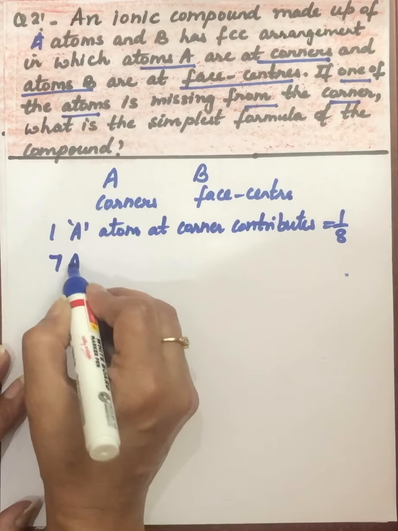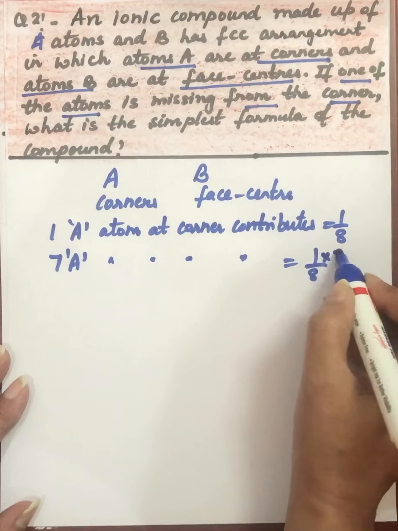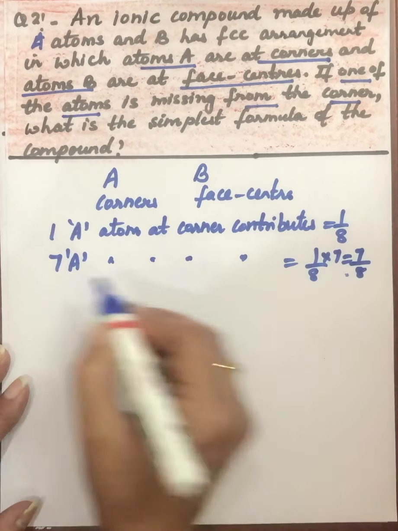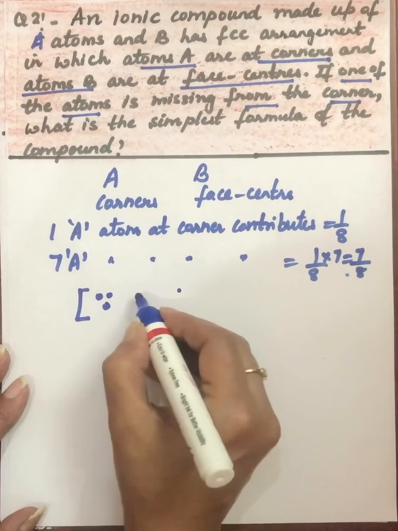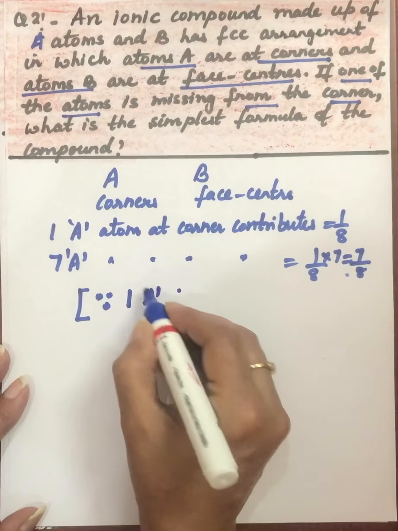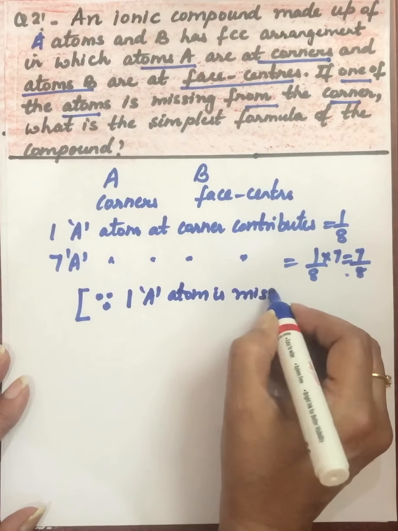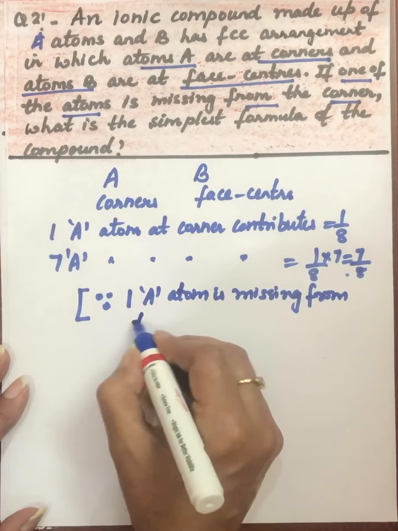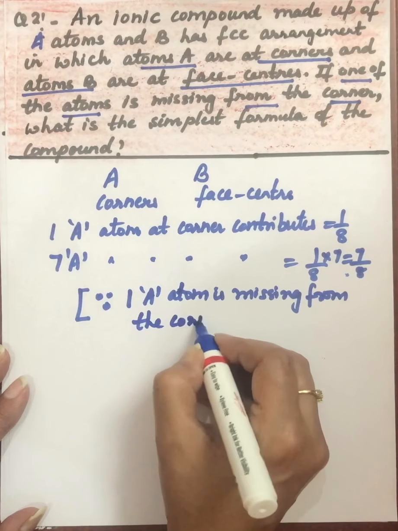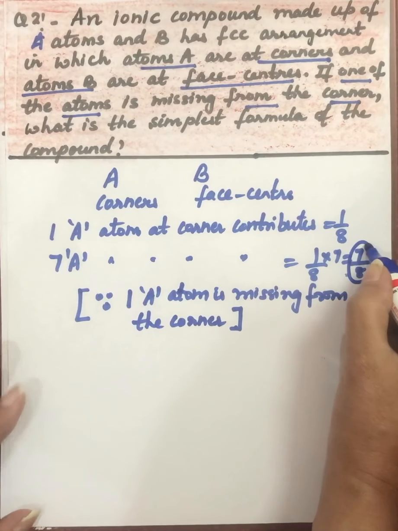And 7 A atoms at corners contribute 1 by 8 into 7, that is 7 by 8. Why have we written 7 A atoms? Because 1 A atom is missing from the corner, so only 7 are left. This is the number of A atoms.